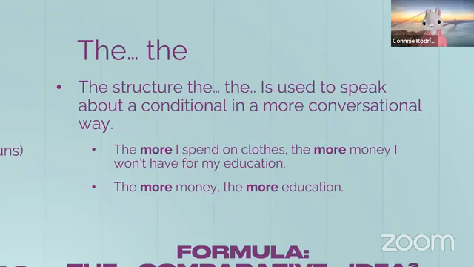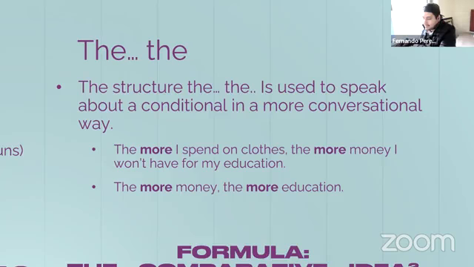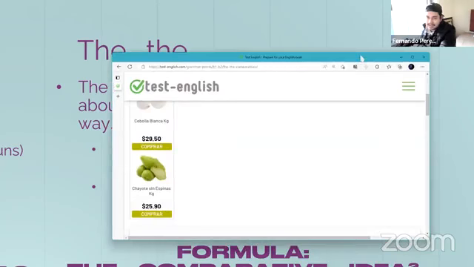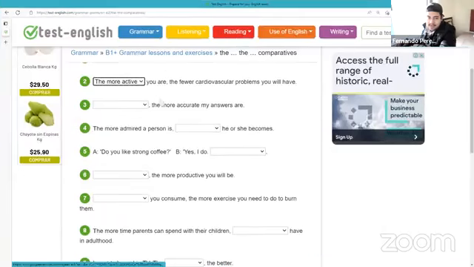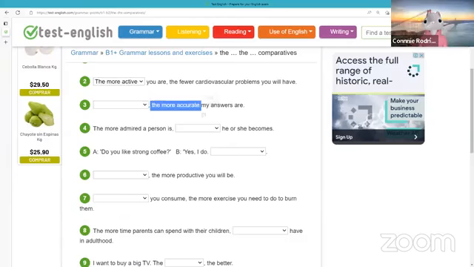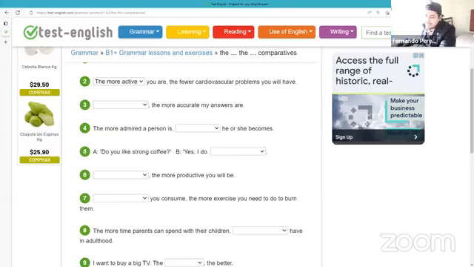So in the answer that you are looking for, you need to find a similar case. The more accurate. But I cannot use accurate again, right? Exactly. You cannot. You need to use another description, another comparative. You can use "the more" too.